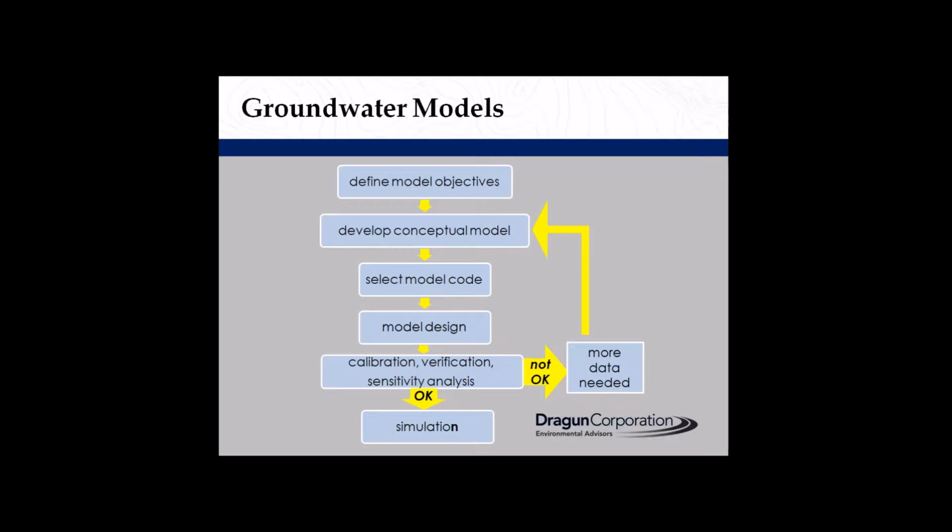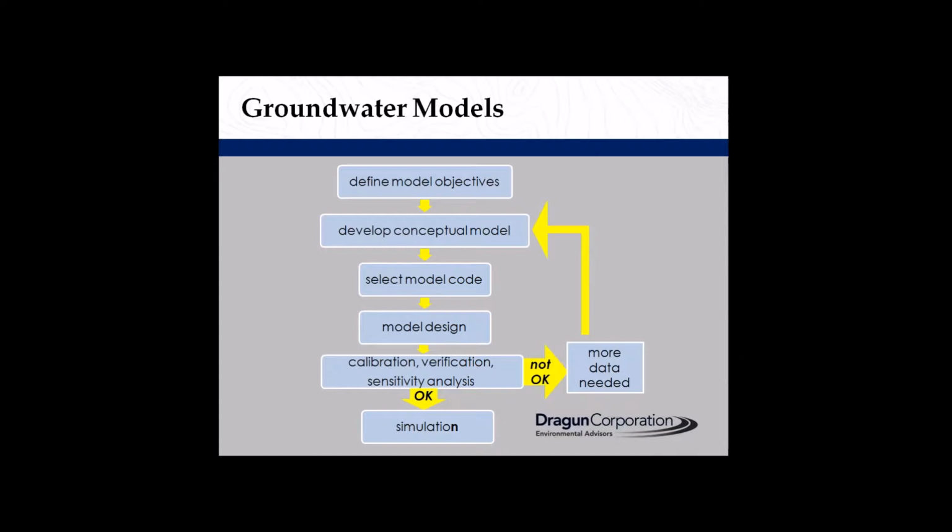And I'll talk a little bit more about that, and I think Mike has discussed that in some of his earlier presentations. From there, you select your model code, and that's where you try and find the model that best fits what your objectives are and what your understanding of the system is, so your conceptual model.